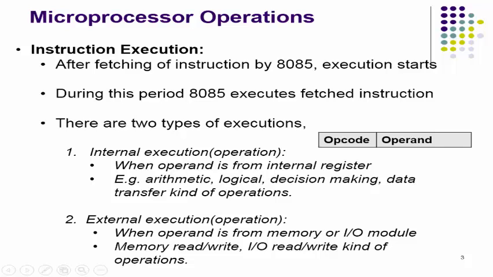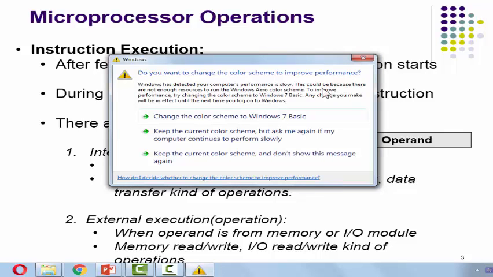Memory read, memory write, IO read and IO write kinds of operations are considered under external execution. A memory related instruction is, for example, LDA C000. LDA means load accumulator directly from memory address C000. So in the operand field, C000 is the address of the memory location.